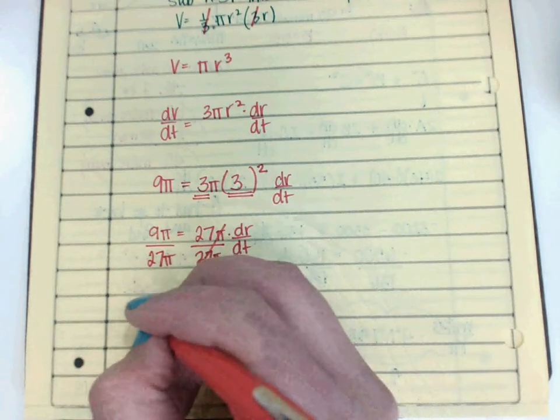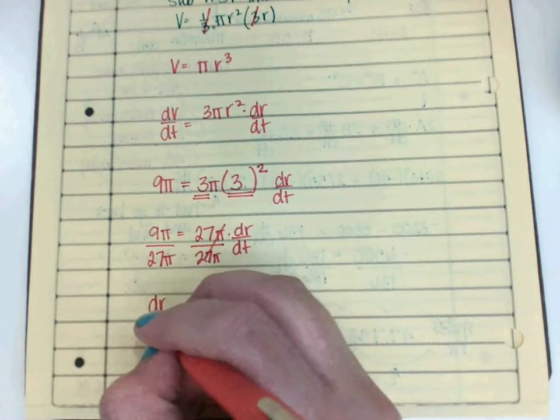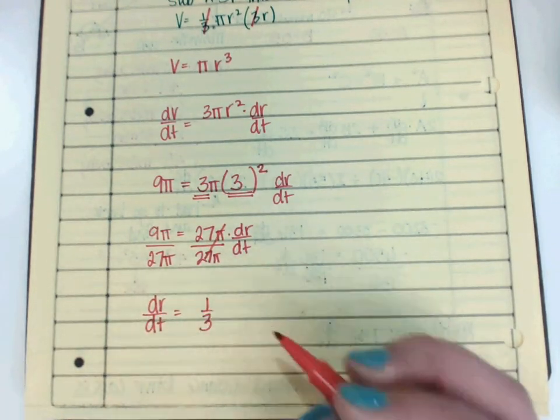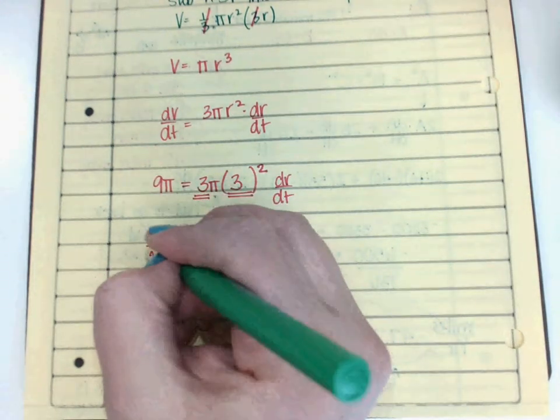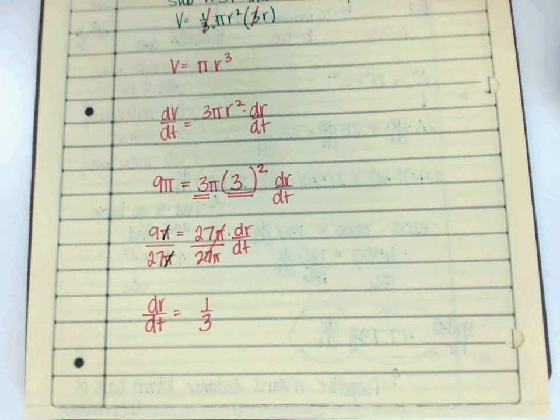And dr/dt equals, can that reduce? 1/3. What happens to the pi's? They can cancel out. So gone, gone. Okay, now if my cone is getting bigger, does it make sense my dr/dt came out positive? Yeah, because if my cone's getting bigger, my radius is going to be getting bigger as well.